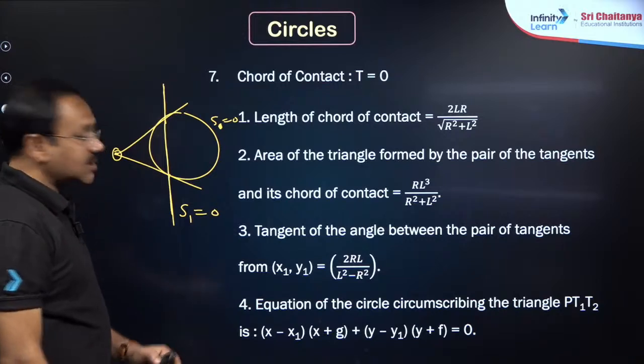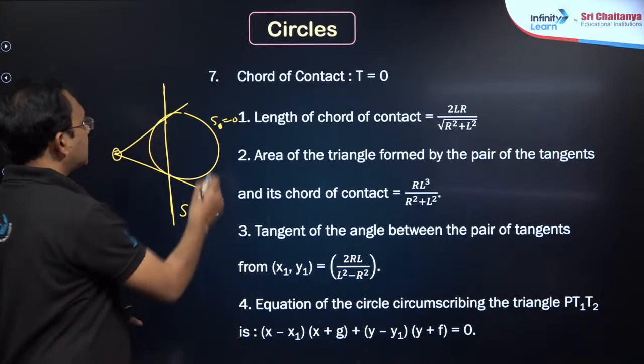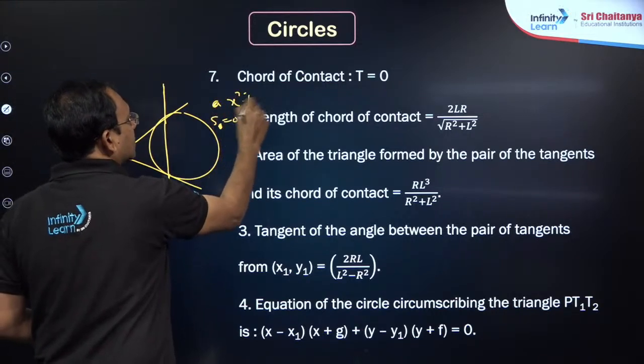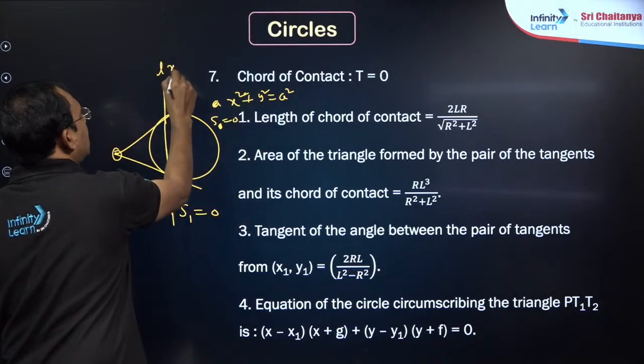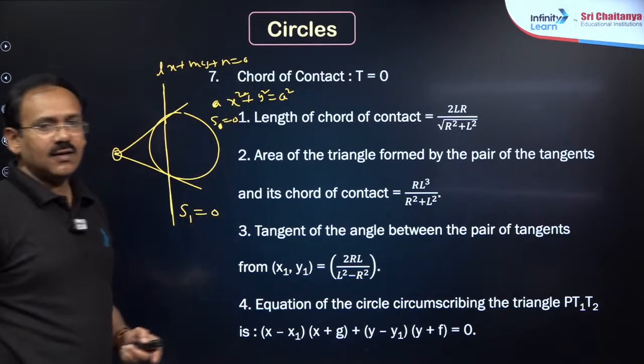The next, my dear friends: sometimes the circle is the standard x square plus y square is equal to a square, and this line Lx plus My plus n is equal to 0 is given.